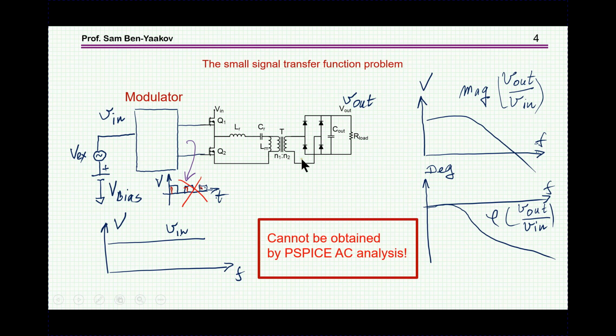We have a non-linear section here, it's a bridge rectifier. We have also the driver. So it'll pick up a bias point and then linearize the system around it and then do a phasor analysis. And of course the output will be garbage. So this cannot be done by AC simulation of a SPICE-derived simulator.